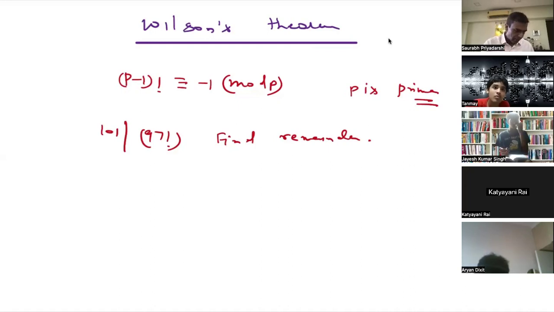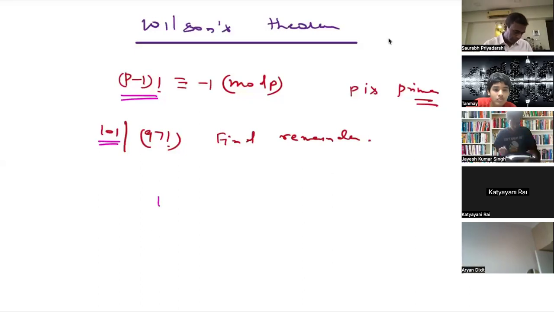See, these are the tools that we have to use for different questions. In fact, Wilson's theorem says that 101 is a prime number, right?